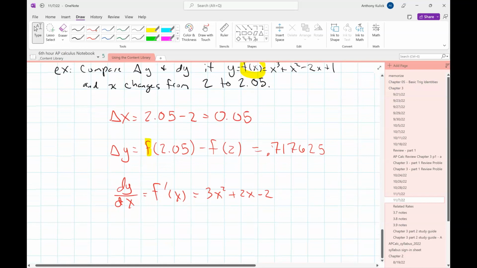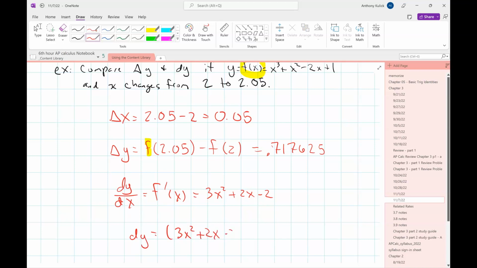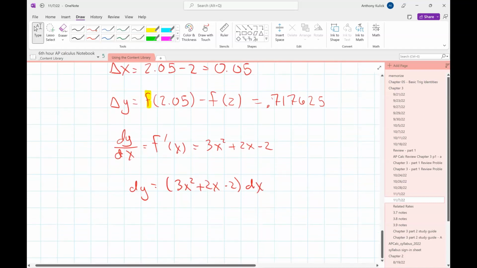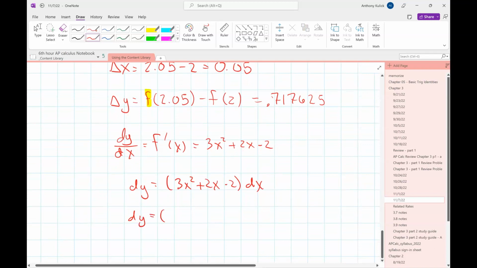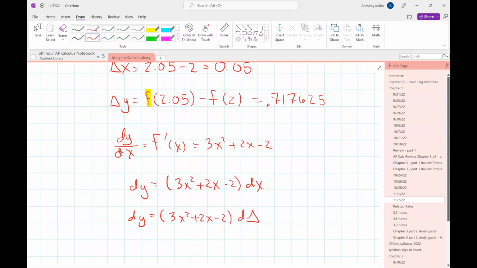If I treat dy/dx like a fraction to get the dy by itself, multiply that dx over. And dx we can treat the same as delta x. And you can do that throughout this section.